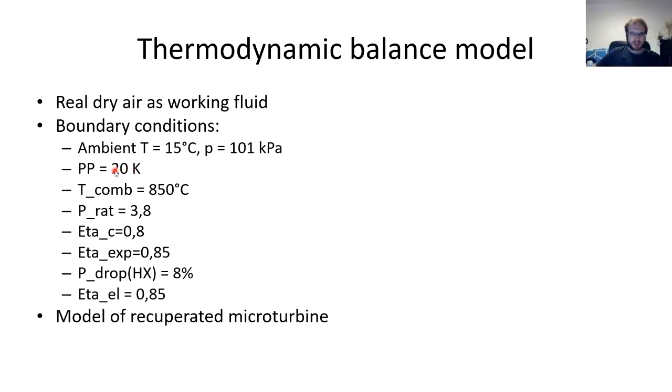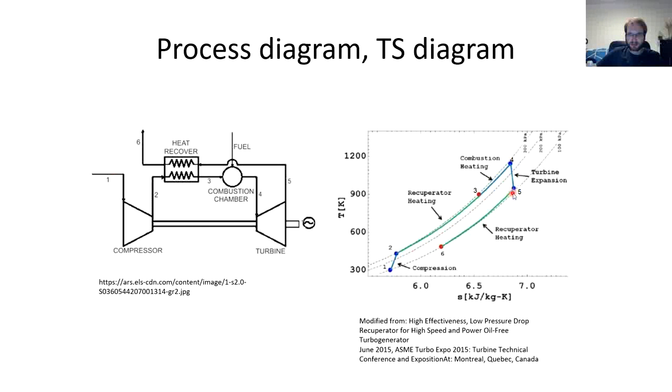Then the pinch point in the recuperator. That is the minimum temperature difference between either point 2 and 3, or 5 and 3, or 6 and 2, the smaller one of them.